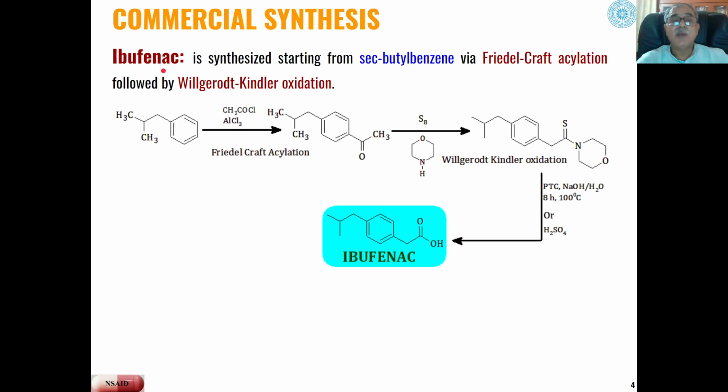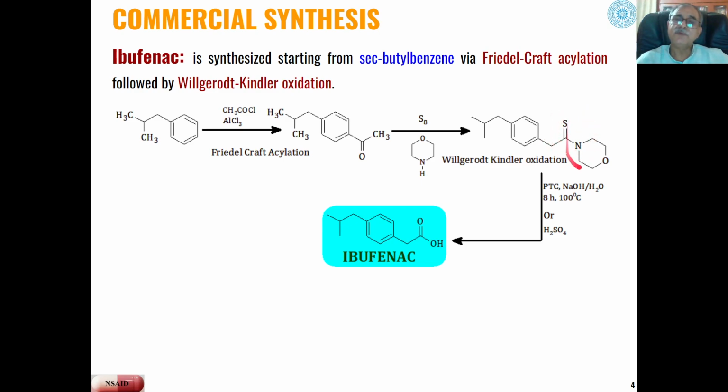The next is ibufenac. Ibufenac is again synthesized from secondary butyl benzene via Friedel-Crafts acylation. So the first step is the same as we have seen in the case of ibuprofen. Then in the next step, this keto functional group is reacted with sulfur in the presence of morpholine, and this is called the Willgerodt-Kindler reaction. It is converted into thioamides.